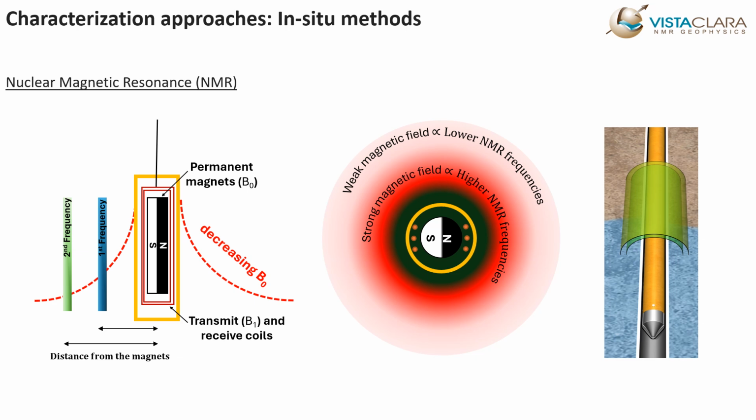An NMR logging tool has permanent magnets. The measurement itself is done in the presence of a strong magnetic field, and the tool also has transmit and receive coils in the vicinity of these magnets.